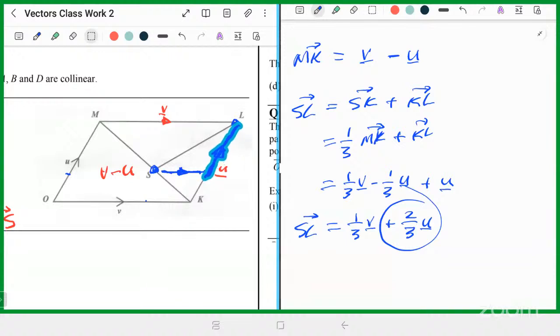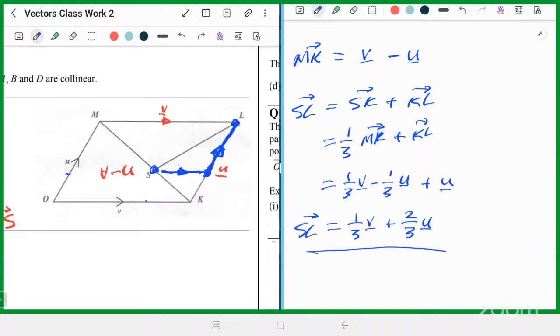Then bam. Good enough. Shows that 1/3 V, which is this, plus 2/3 U will indeed take me from S to L. And so I can accept this answer as correct. This answer right here, I can accept it as being correct and put it as my answer.